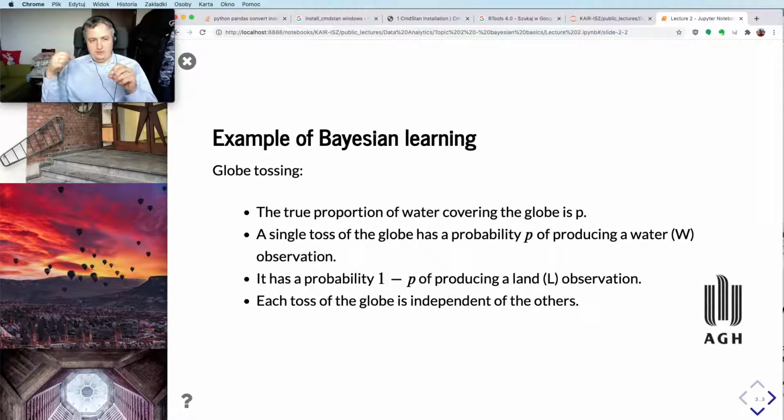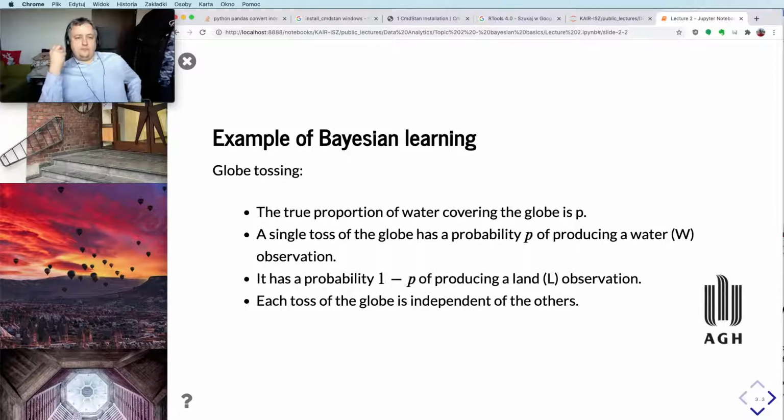Depending on the probe, you got the results of what was being collected from it. So we are considering a planet, we are dropping a probe, and that probe tells us whether there is water there or not. We want to estimate what coverage of the planet is water.